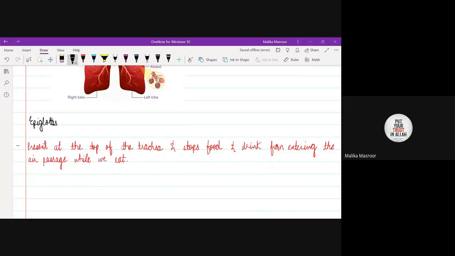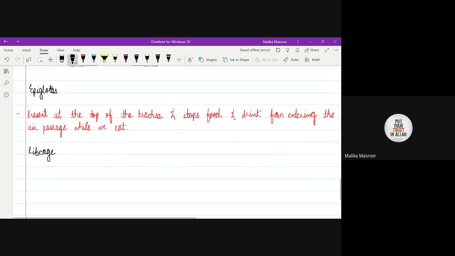Then I have the rib cage. Rib cage, very important, protects the lungs and heart, vital organs. It moves to ventilate the lungs.